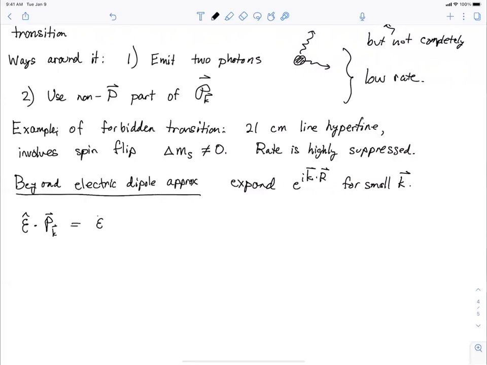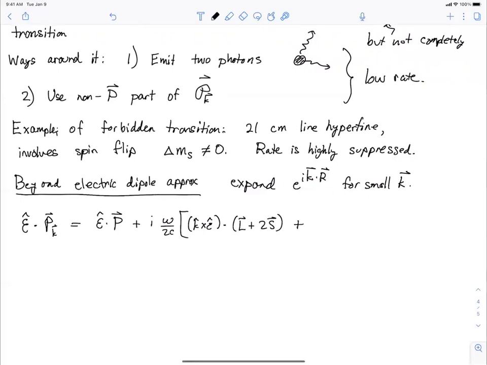So the first order is just what we had for the electric dipole, epsilon dot p. The second order looks like this. It involves both the angular momentum operator and twice the spin operator.